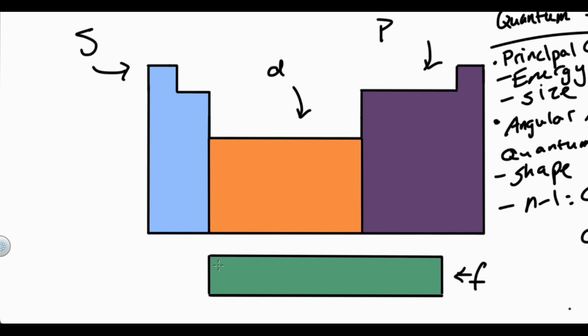The s subshell is always going to have L equal to 0. For P, L is always going to equal 1. For D, L is always going to equal 2. And for F, it's always going to equal 3.